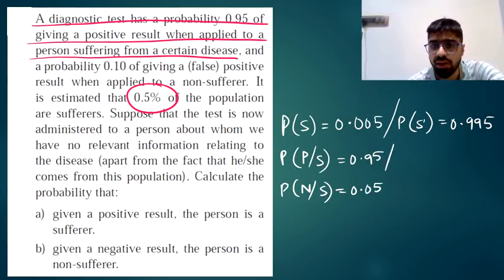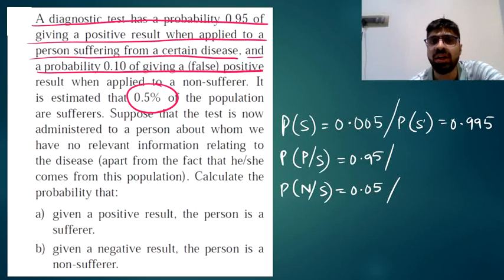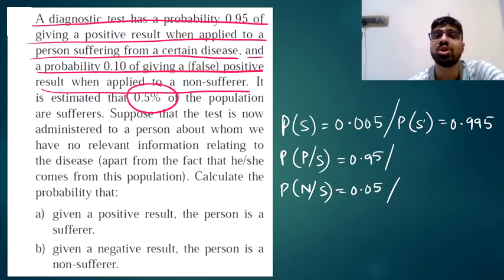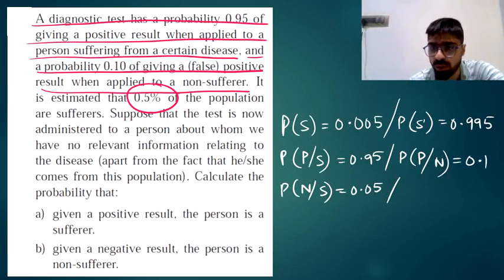In a similar way, as per the second condition that they have given here, there is a 0.1 probability of giving a false positive result when applied to a non-sufferer. It means if I am a non-sufferer and I go for the test, the probability that it will show positive will be 10%. So P of positive given that I am not suffering will be 0.10.